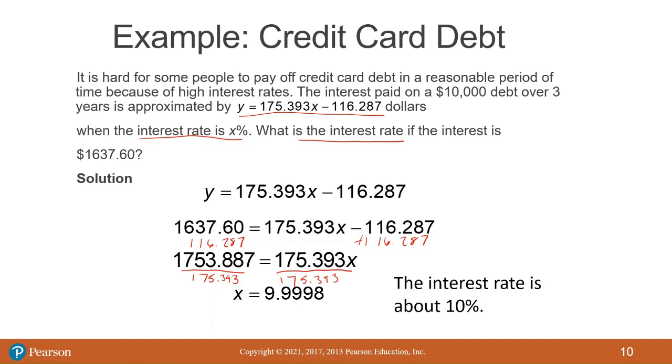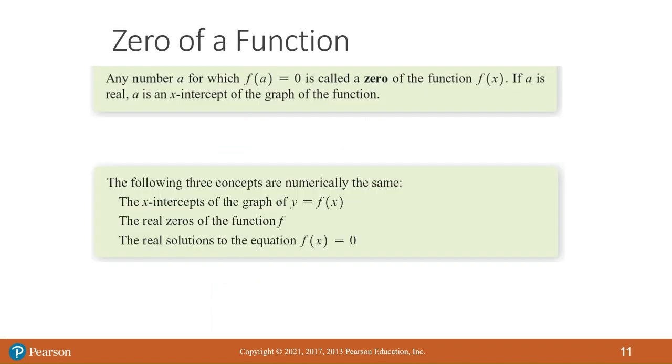So when the amount of interest is $1,637.60, the interest rate is approximately 10%. That makes sense. That is a logical answer for credit card debt. Sometimes credit cards have much larger interest rates than that, but 10% does make sense in the problem situation.